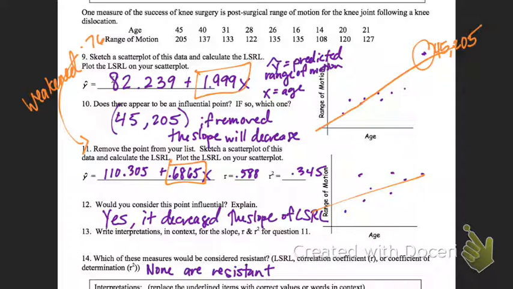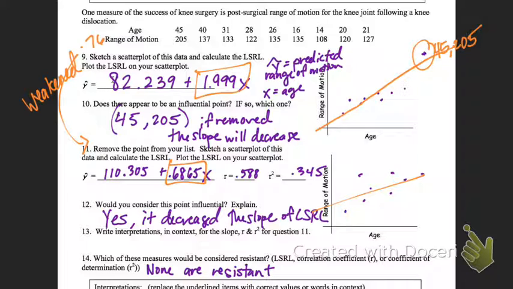For the interpretations, if you want to check them, I'm just going to say them out loud. For the slope, you should have said for each unit increase in age, and we didn't know if it was days or weeks or months or years. I would probably assume it's days, but for each 1 unit increase in age, there is an approximate increase of 0.6865 units in range of motion.